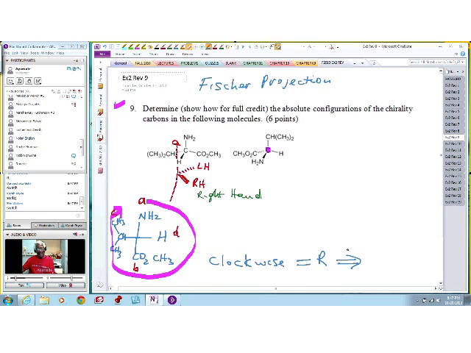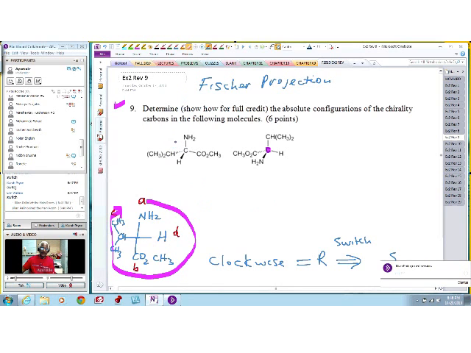So because that hydrogen is coming at you, you have to switch. So this is actually S. So therefore, the absolute configuration here is S.